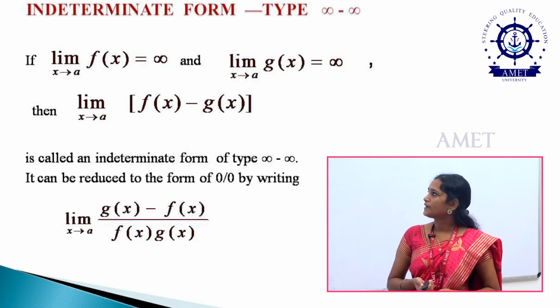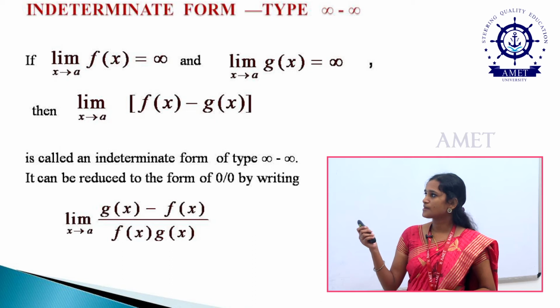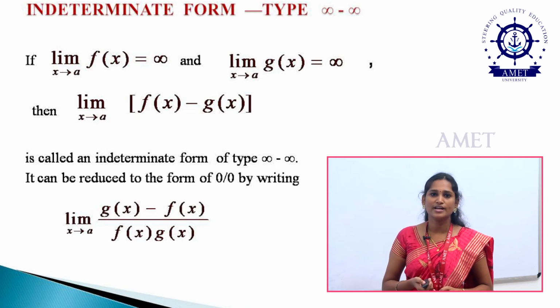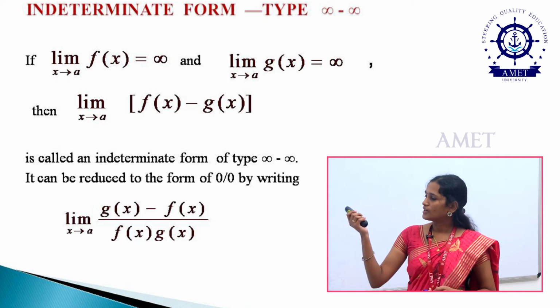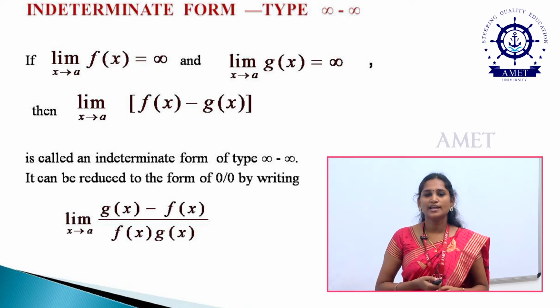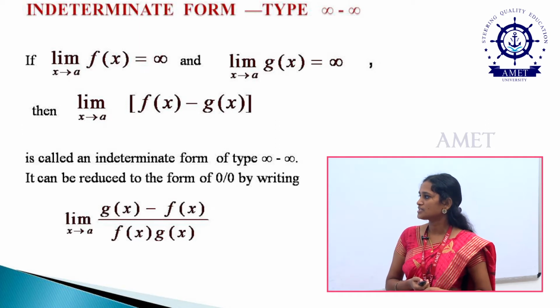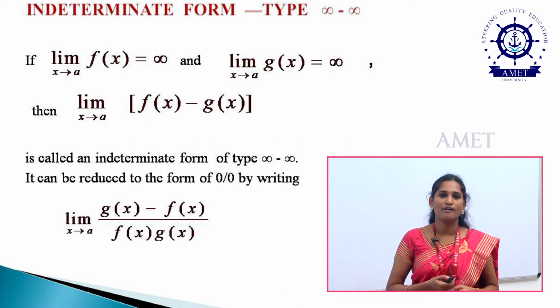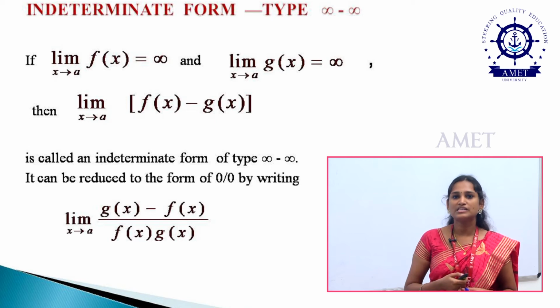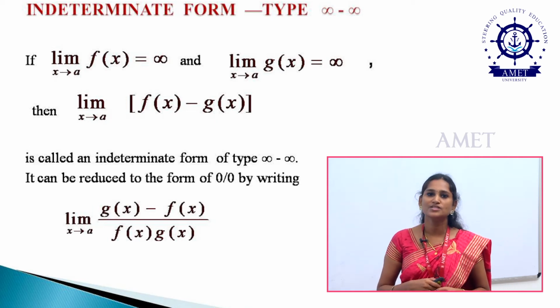Next form, the indeterminate form infinity minus infinity. Substituting the limit value in the first function, suppose the answer is infinity, the second sign is minus, and substituting the limit value in g(x), we get infinity. It is an infinity minus infinity form. In this form we can reduce it to a 0 by 0 form.